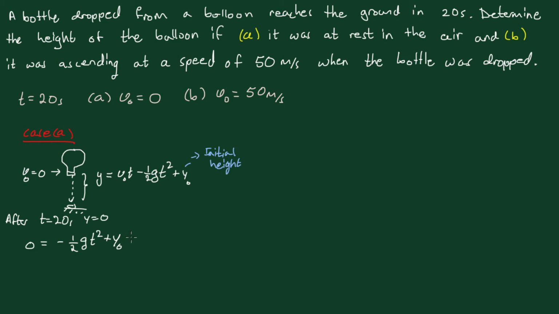So we can now plug in numbers for g and t. This is equal to negative 1/2 of 9.81 multiplied by 20 squared plus y0, which means we can solve for y0. y0 is going to be equal to 1/2 of 9.81 multiplied by 400.